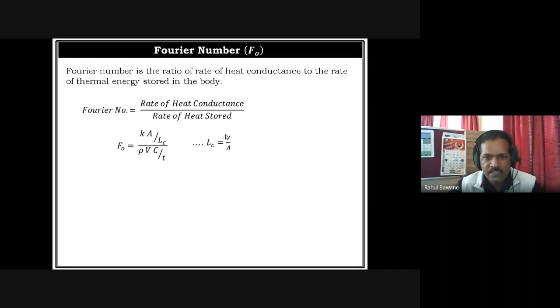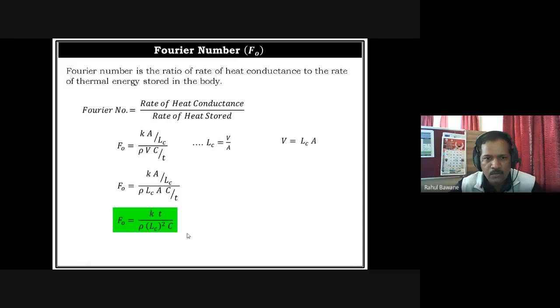Characteristic length is denoted by V upon surface area, so V will be Lc into A. We are going to replace the denominator V by Lc into A. So numerator KA upon Lc, denominator rho Lc A C, specific heat, per unit time.